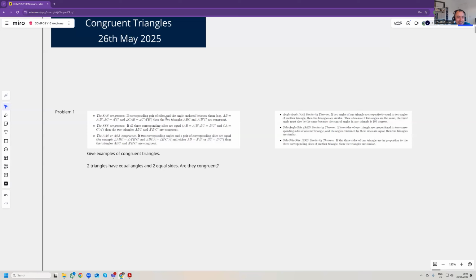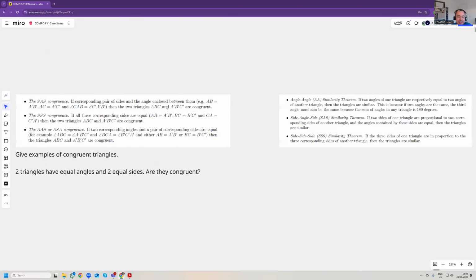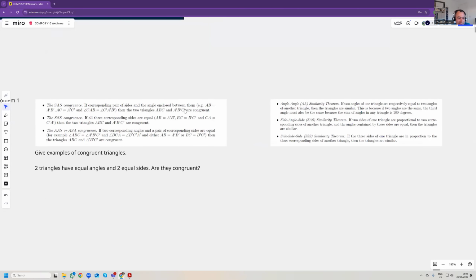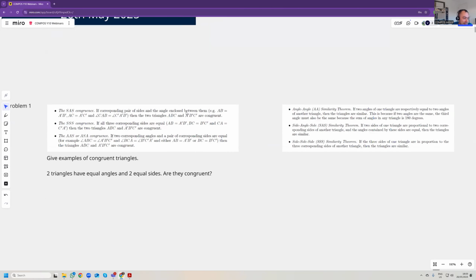Okay, so we have congruence and we have similarity. Two triangles are congruent if all angles and all sides are equal.